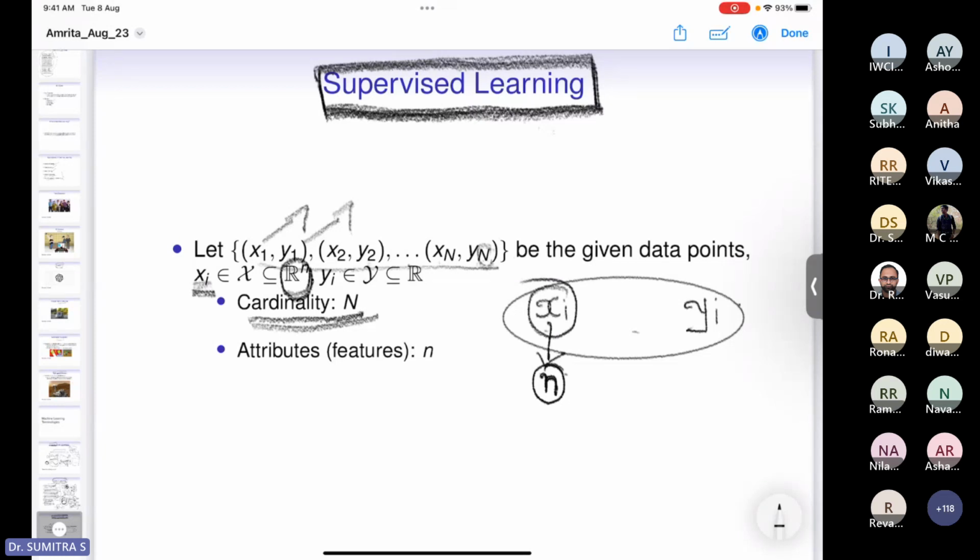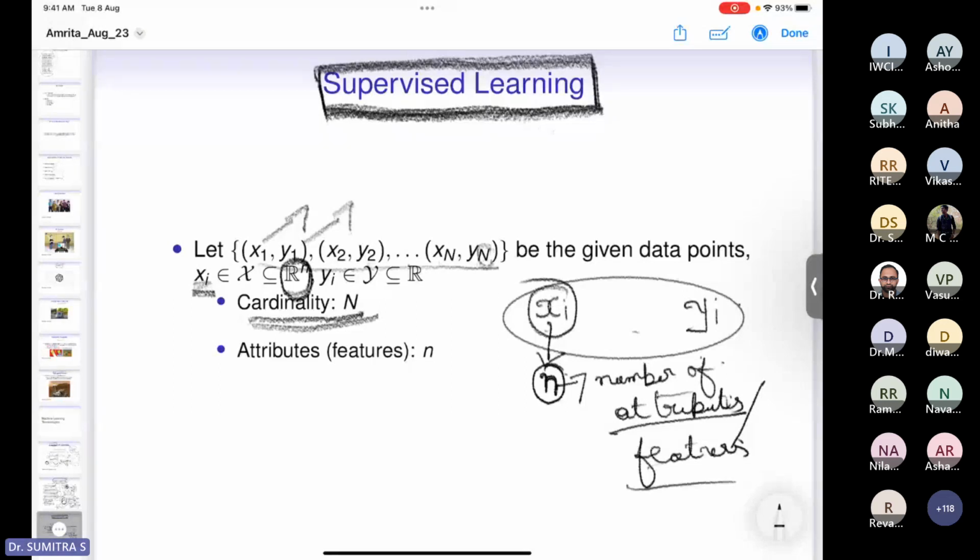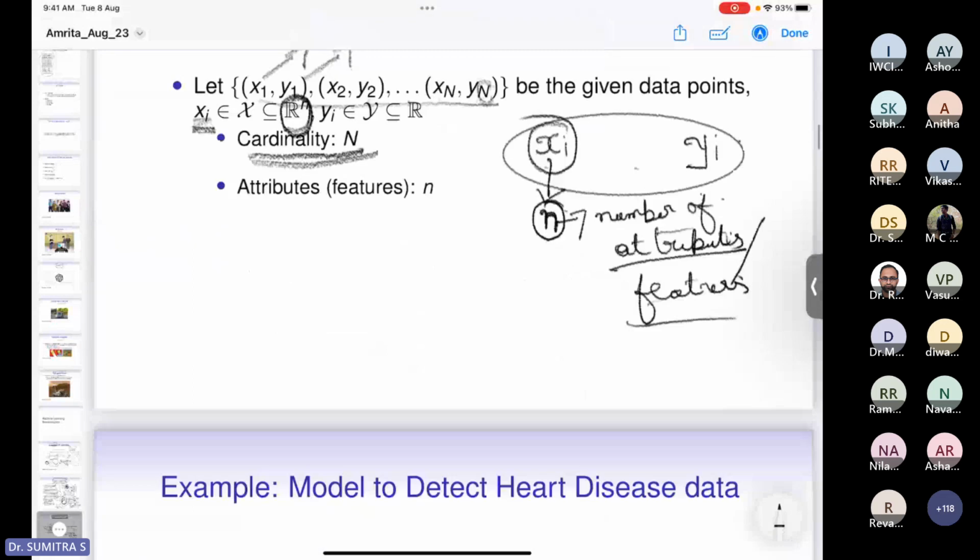This n is called the number of attributes, or another name is features. So this is the setup.